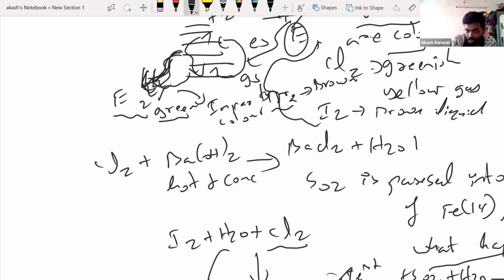Okay, there is one more. If you can remember what happened with NaOH when it was hot and concentrated, the same thing will happen here. Just that the base is different. Here it is Ba(OH)2, there it is NaOH. That's the difference, but you will get the same kind of product.